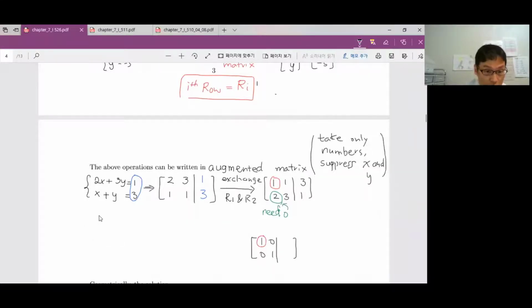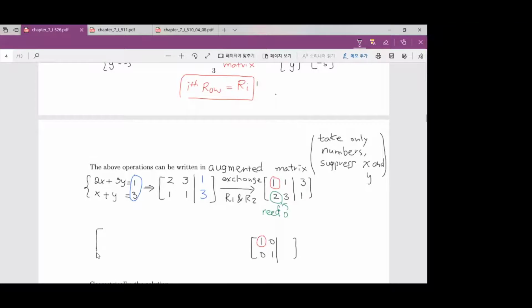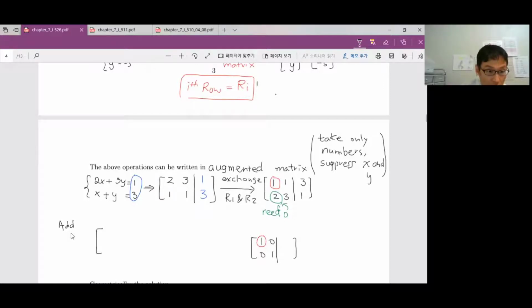So what are you going to do? Add -2 of row 1 to row 2. Good. Add -2 times row 1, add this to row 2.